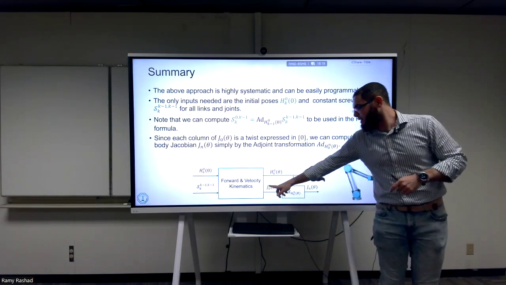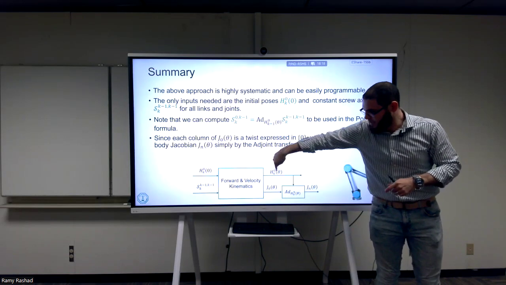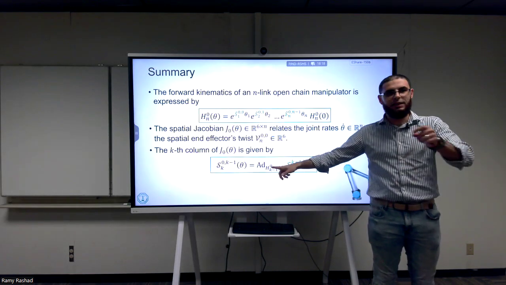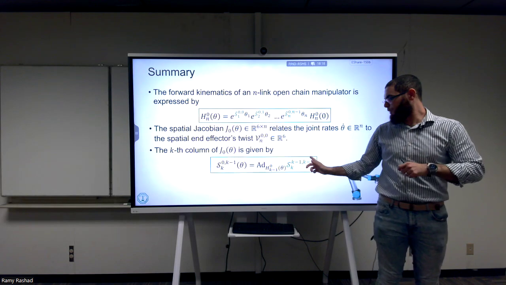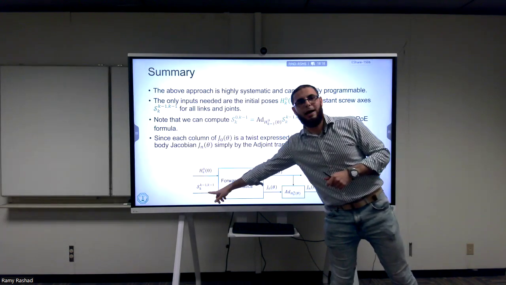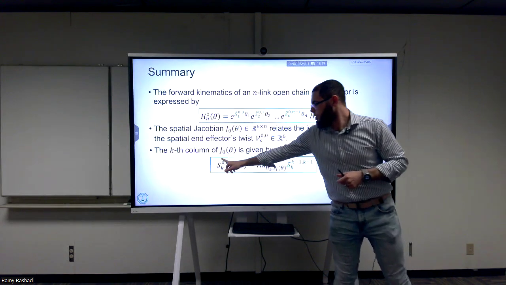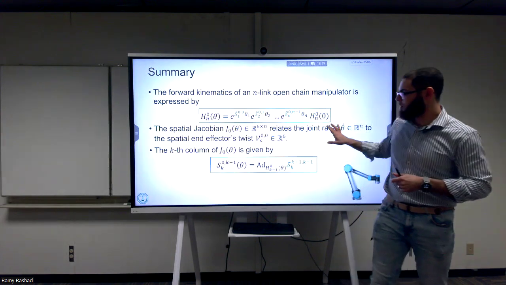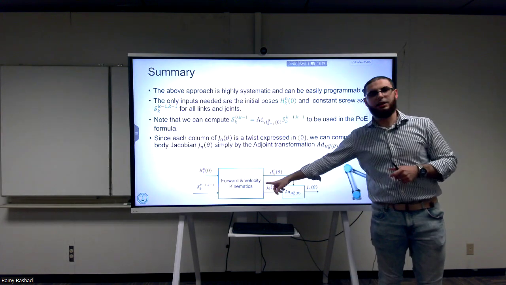And I'm going to be using these expressions here. If you go back, you see we're going to be using each of these individual expressions when transforming these constant screw axes into the ones that make the columns of the Jacobian. So in the end, we get the Jacobian.